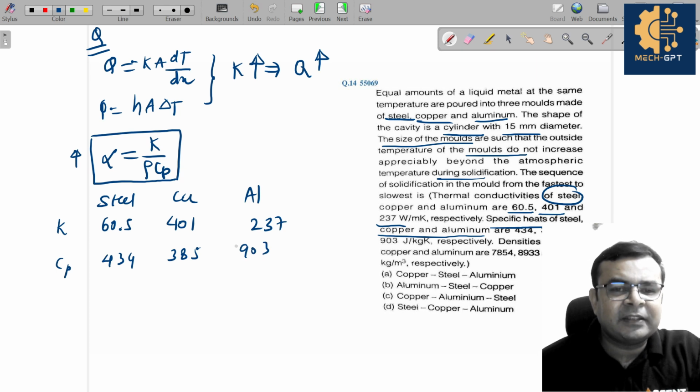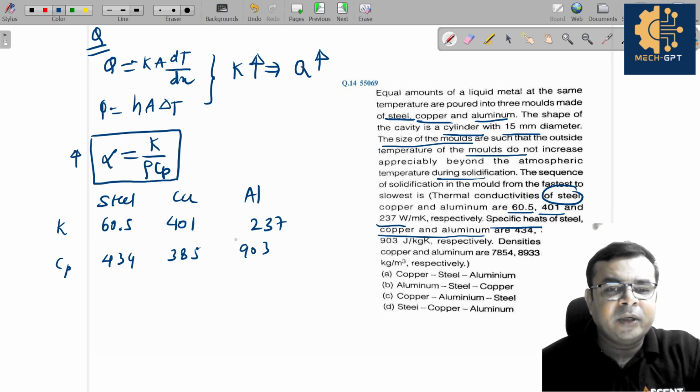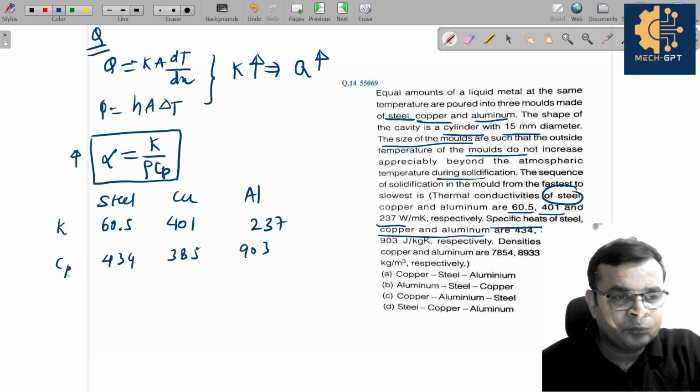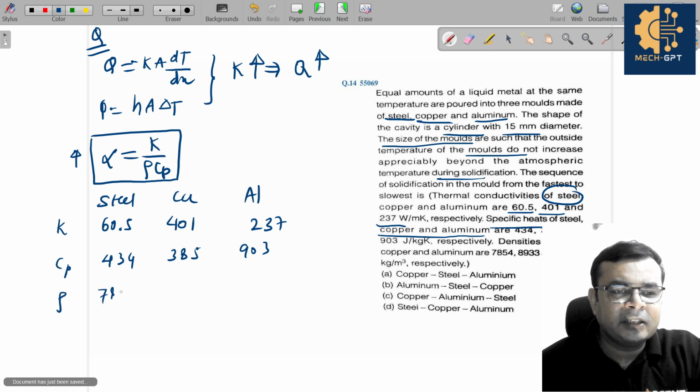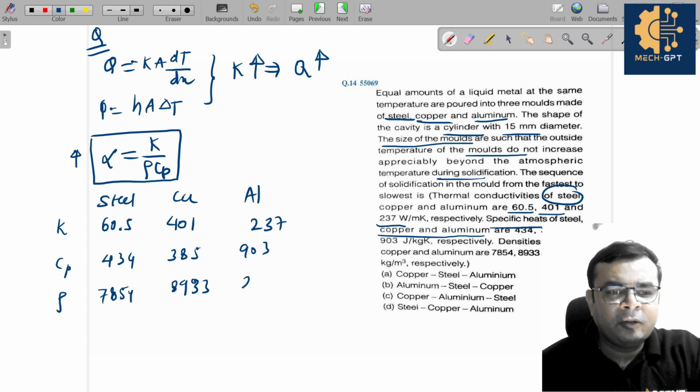Specific heat indicates the heat storing capacity. The higher the heat storing, the higher will be the rise in temperature. Correct? And the density is 7854, 8933, and 2700. Yes or no? So these are the values which are given here. So we need to find out.